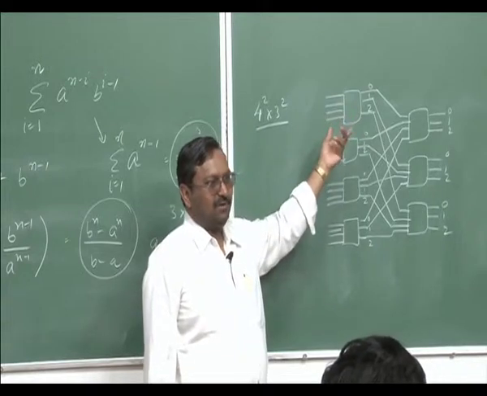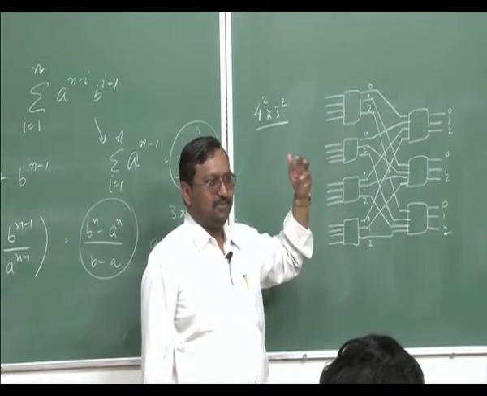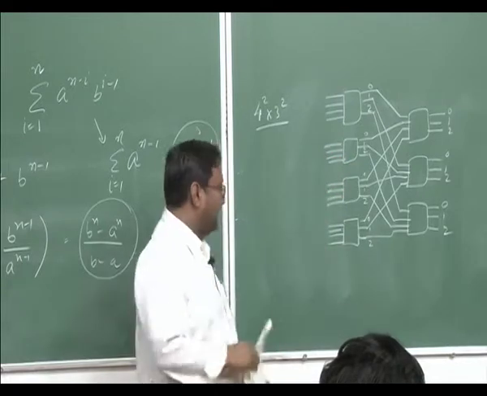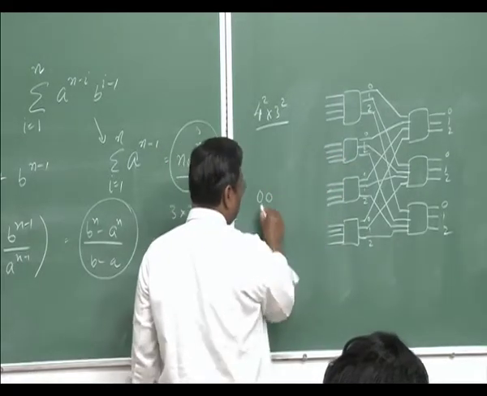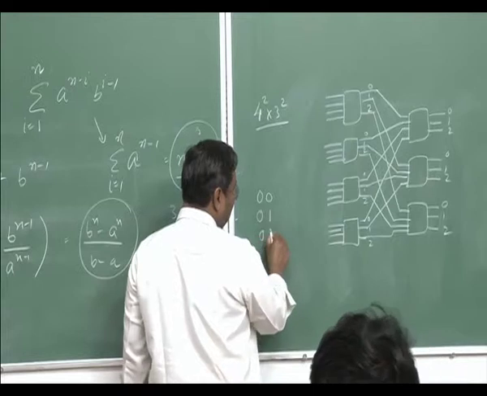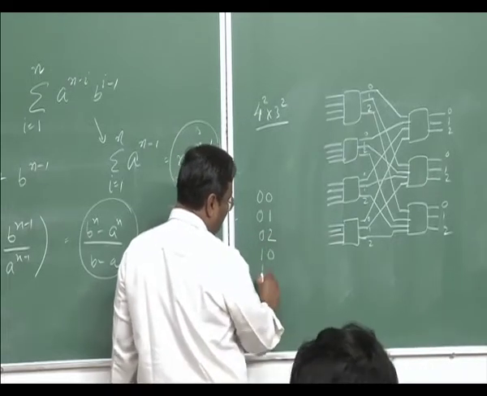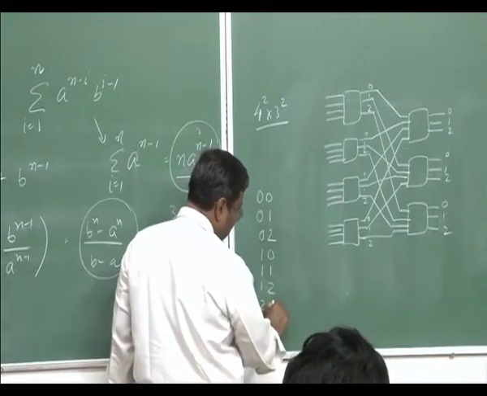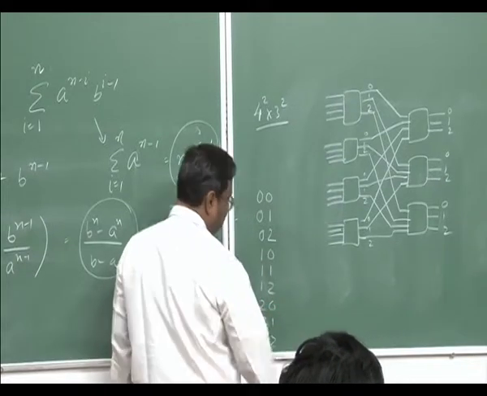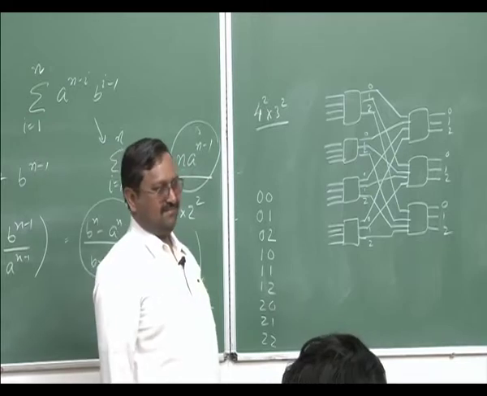Now, I require 0, 1, 2 as the only numbers, and there are 2 stages. So, I can use an address like 0 0, 0 1, 0 2, 1 0, because then I cannot have more than 2. These will be the addresses.